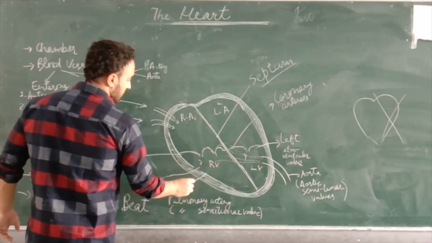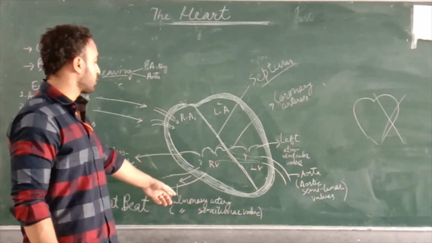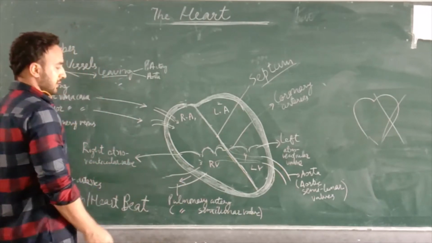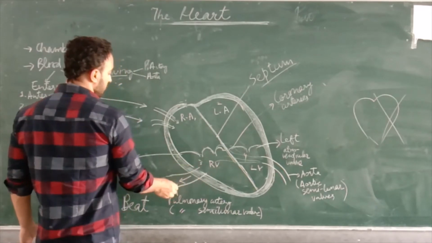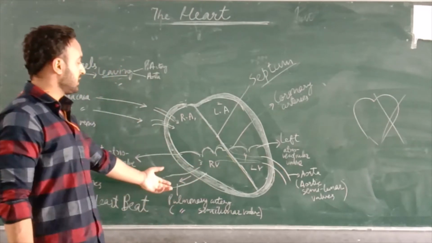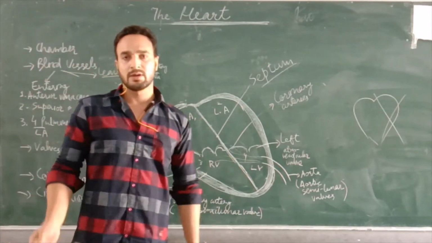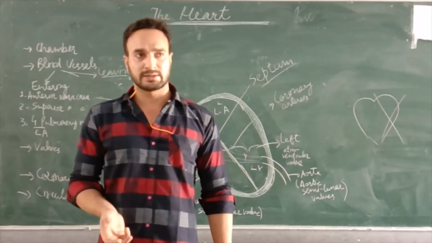This is the right ventricle. The blood leaves the right ventricle through the pulmonary artery, and the pulmonary artery carries this blood to the lungs.